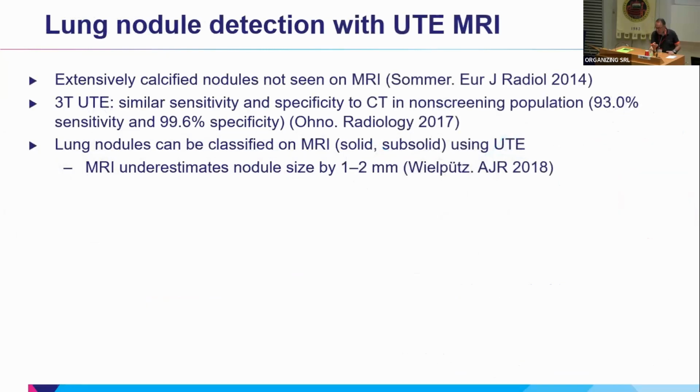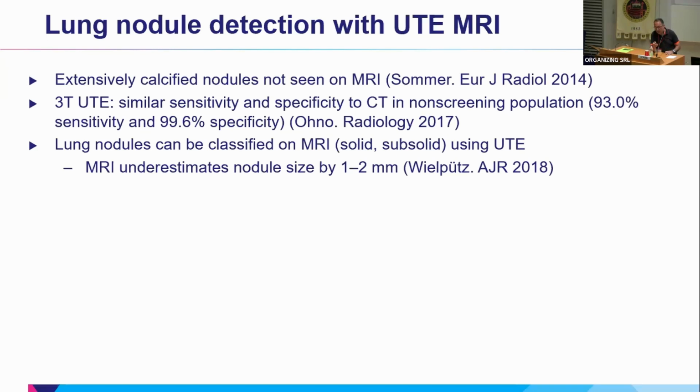And the data with UTE MRI is very promising, actually much better than standard MRI sequences. For example, a recent study from 2017 showed that the 3T, meaning high field, UTE sequence had similar sensitivity and specificity to CT in a non-screening population. And you can also classify lung nodules with UTE as solid or subsolid.